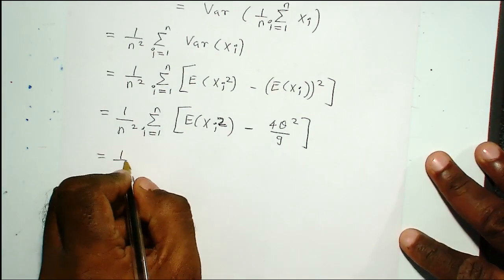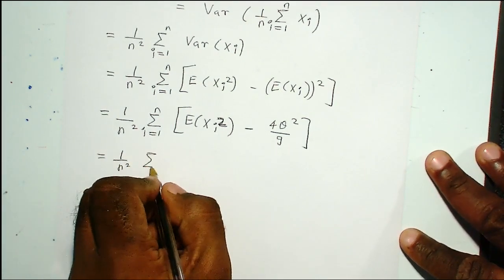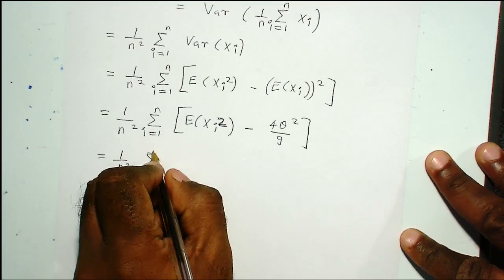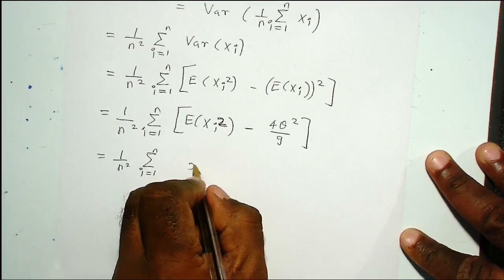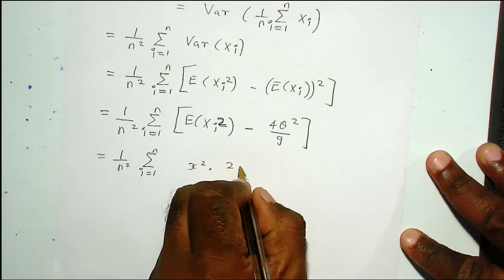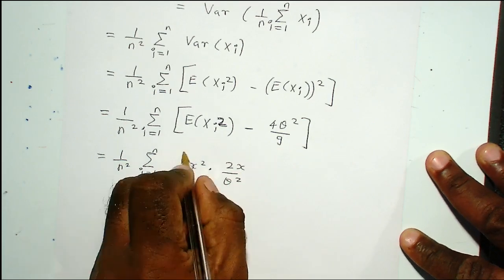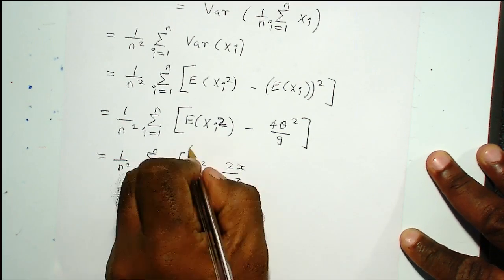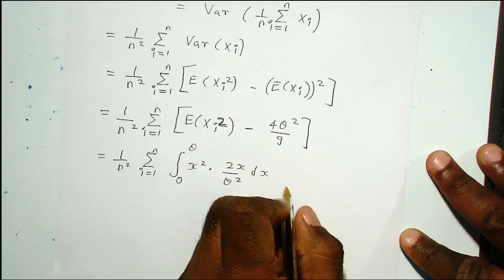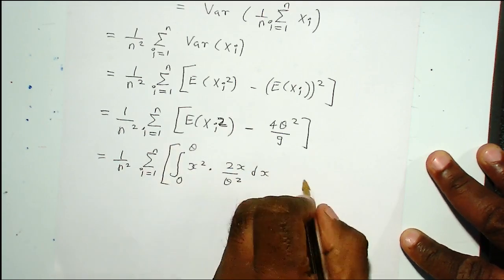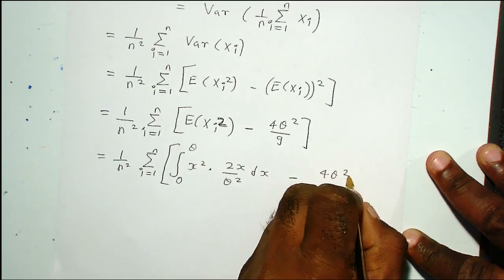That is basically x squared times the PDF, which is 2x by theta squared, integral from 0 to theta of dx, minus 4 theta squared by 9.